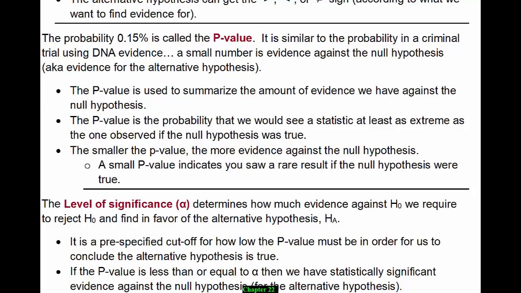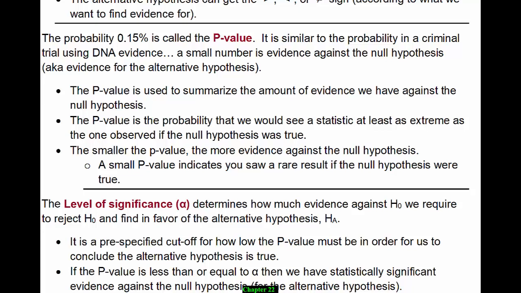A small number is evidence against the null hypothesis or for the alternative hypothesis. Since we're using the p-value to summarize the amount of evidence we have against the null hypothesis, and we're assuming that the null hypothesis is true until we find evidence otherwise, a low p-value means that you saw a rare result if the null were true. So the smaller the p-value, the more evidence you have against the null hypothesis.